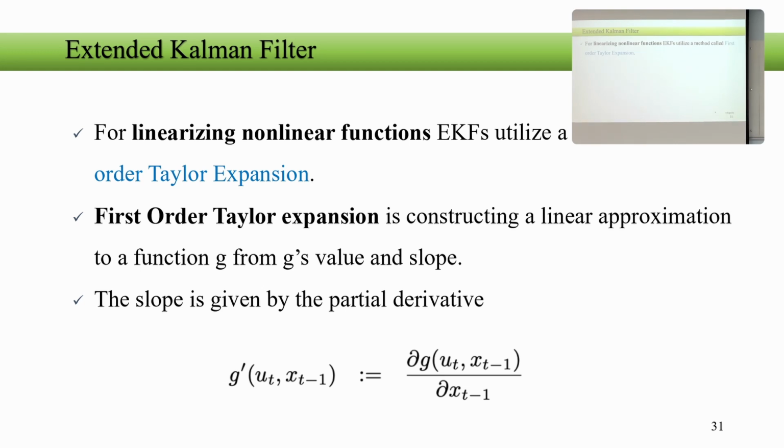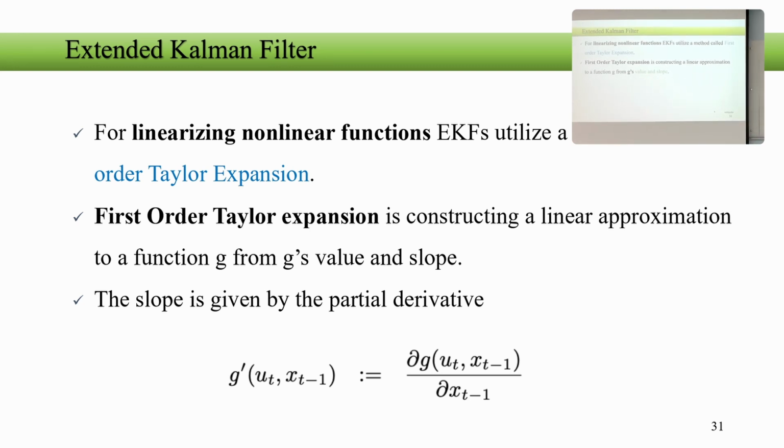In order to achieve this, we are going to use the first order Taylor expansion to linearize the nonlinear model. So what is the first order Taylor expansion? It is constructing a linear approximation to a function g from g's values and slope. What does it mean?